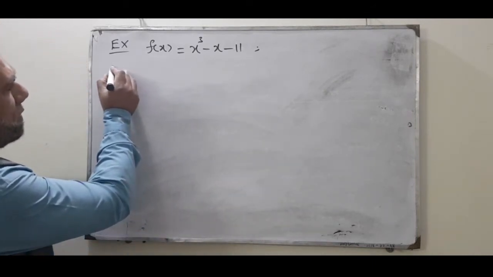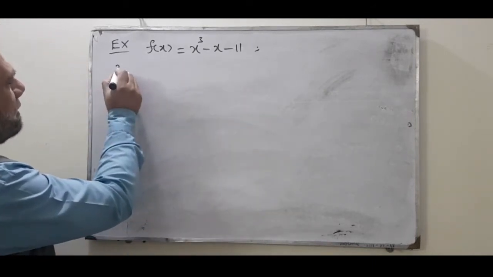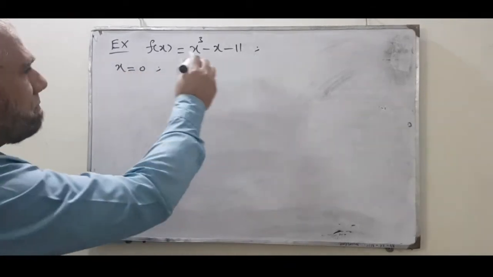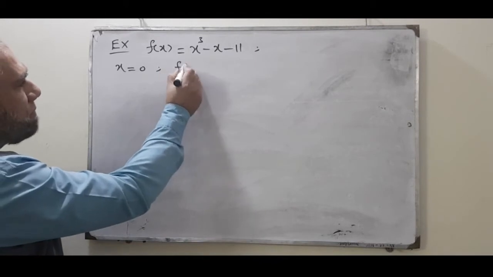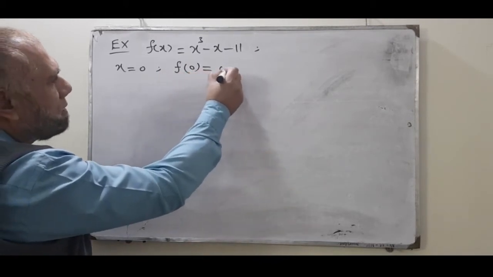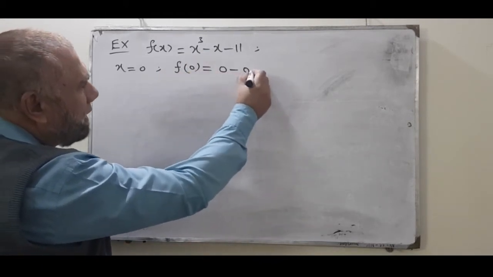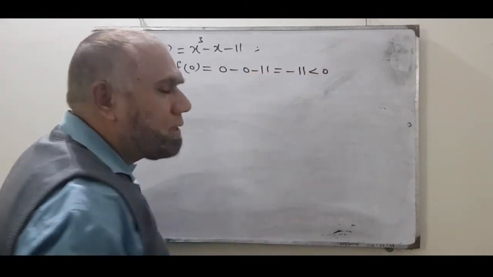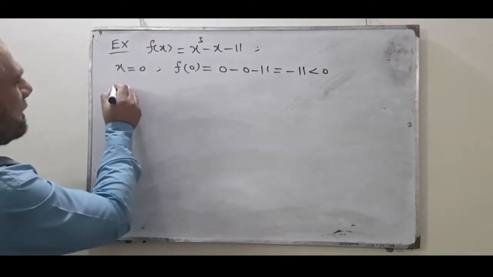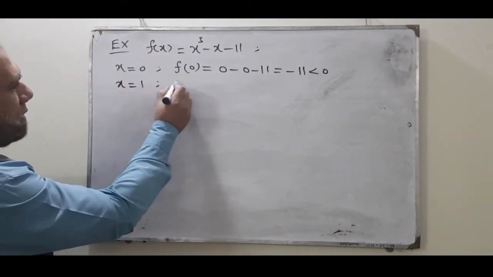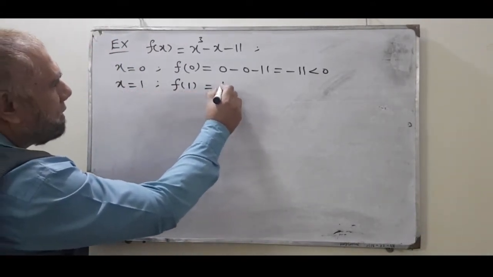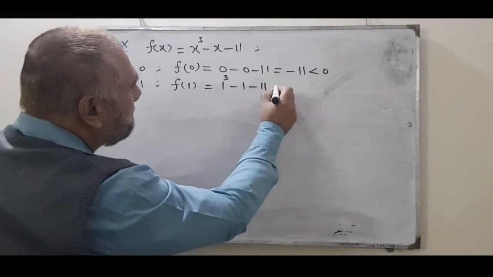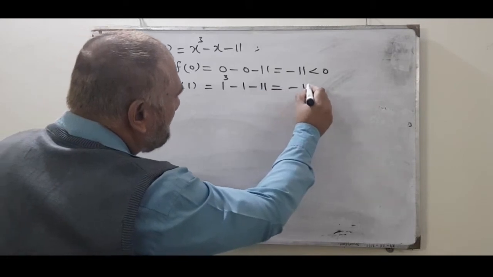Whenever we are interested in finding the domain, we assign arbitrary different values to the function. I start from 0. If I put 0, you can see on the right side I have the value minus 11, which is negative. Similarly, if I keep on putting other values, say 1, I get 1 cubed minus 1 minus 11, which equals minus 11 again.